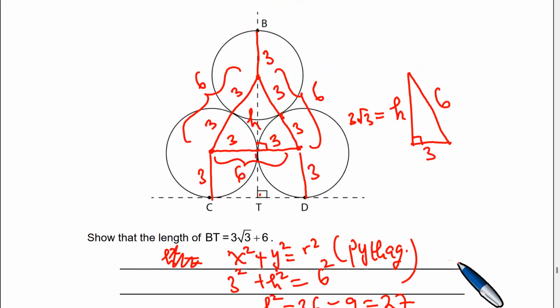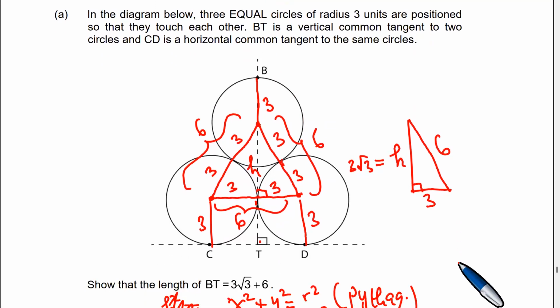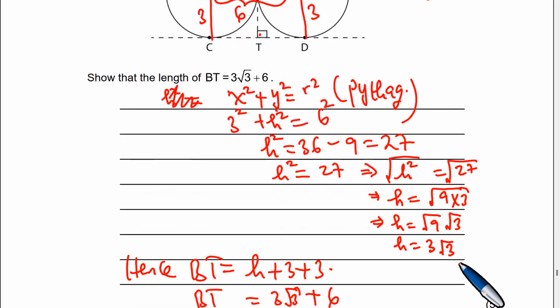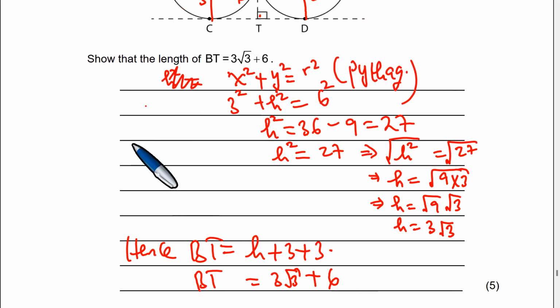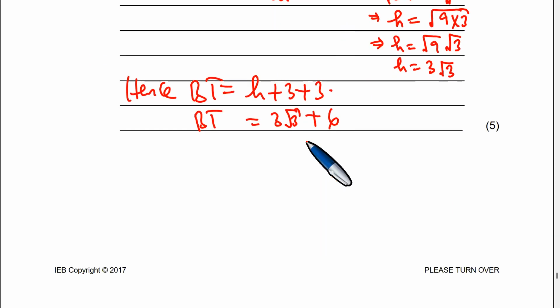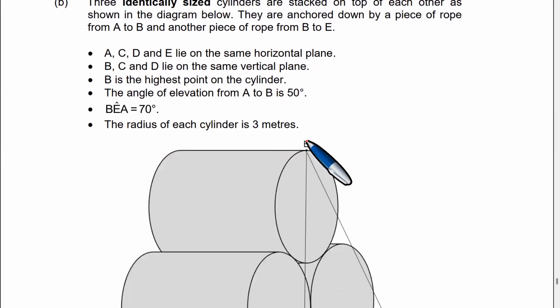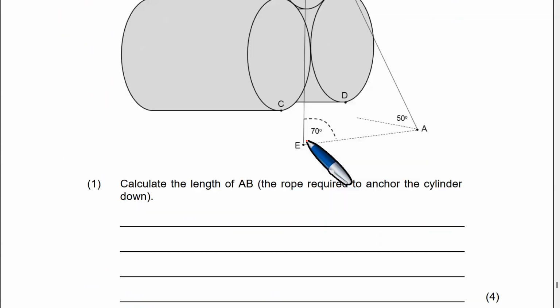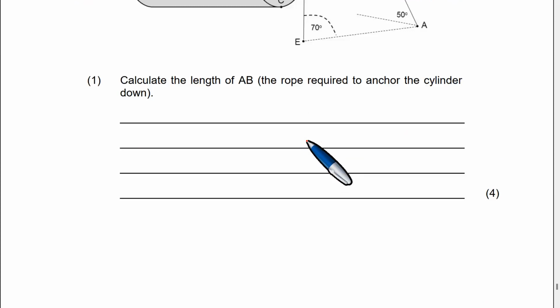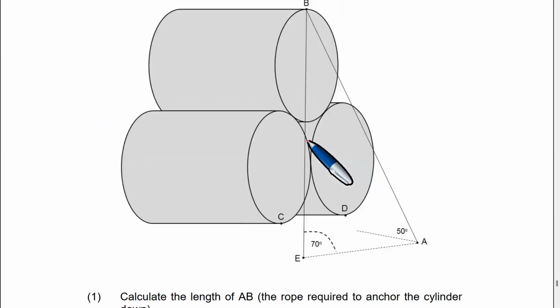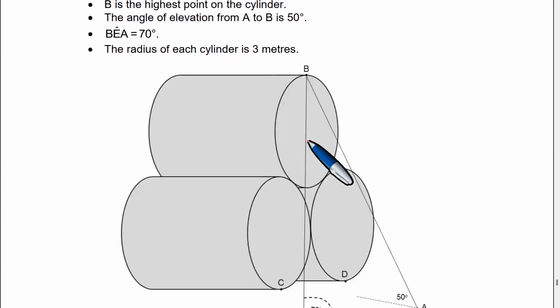Okay, so we have been able to do this question 12 from the IB exam. There it is. They said show that BT is 3 the square root of 3 plus 6, and we have just done that. This was 2017. Now they've given you some more questions like this, and you need to do more of this.